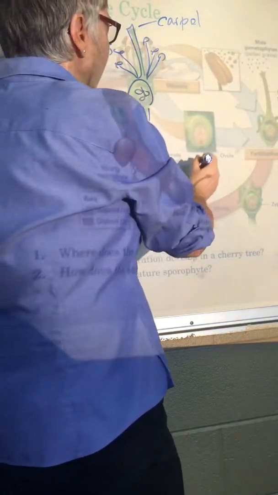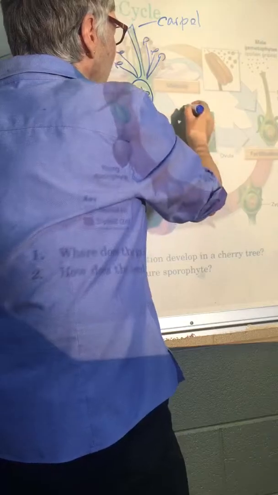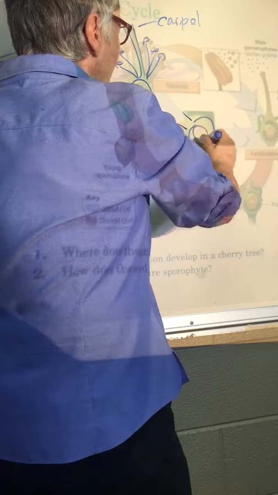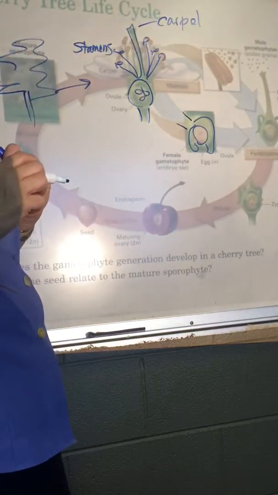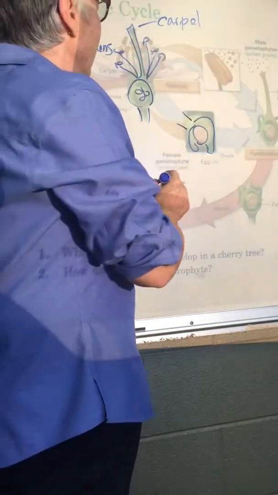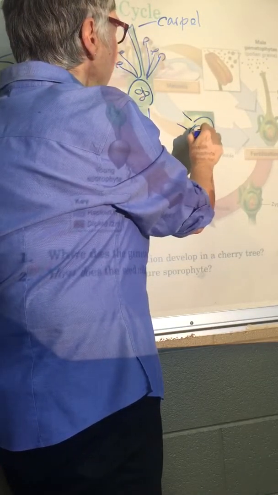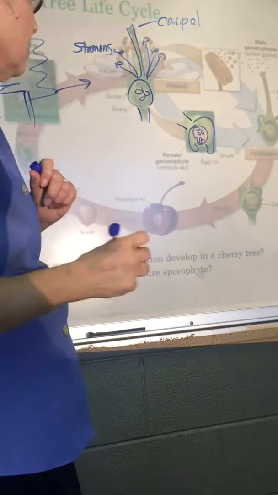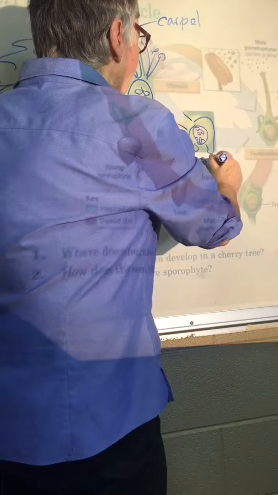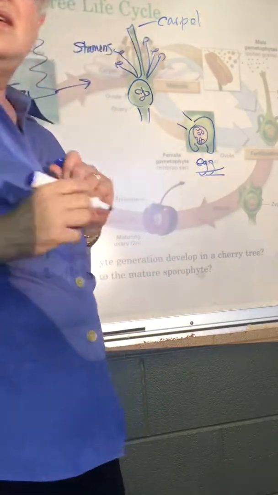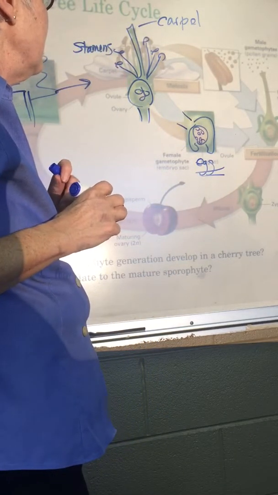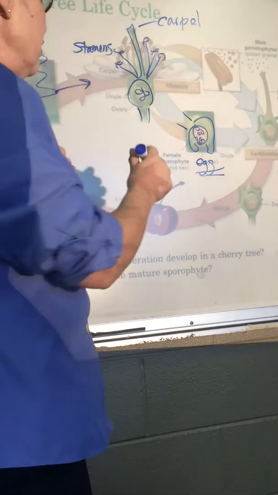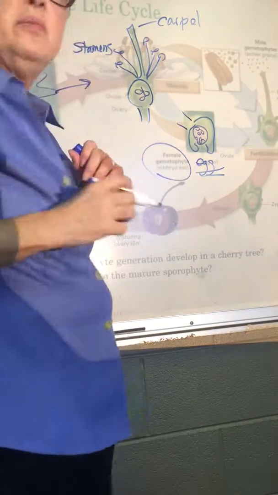We're going to enlarge that, and right here, this represents the ovule, and within the ovule, one ovule, is located an egg, and there's other cells located here. They're going to have different functions, but the egg is the female gamete, and it is located within tissue that's called the female gametophyte.